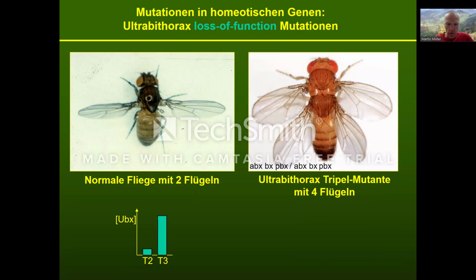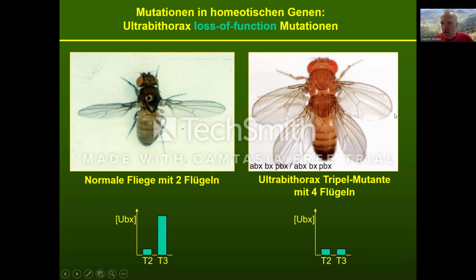Now, if you reduce the amount of ultrabithorax, you get this very dramatic four-winged fly. And if you look at the protein levels in thoracic segment 2 and 3, you will see that T2 has more, in T3 there is much less, and the third thoracic segment, which normally makes these little haltères here, is changed into a copy of T2.